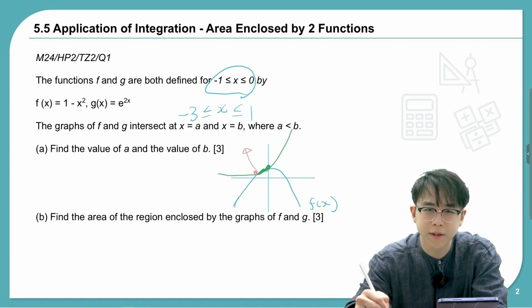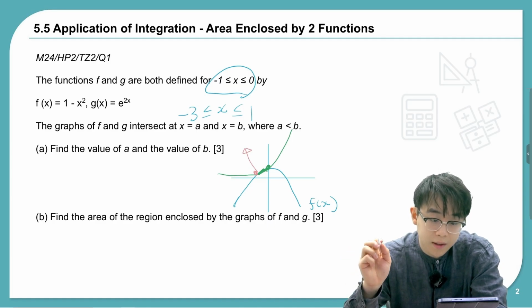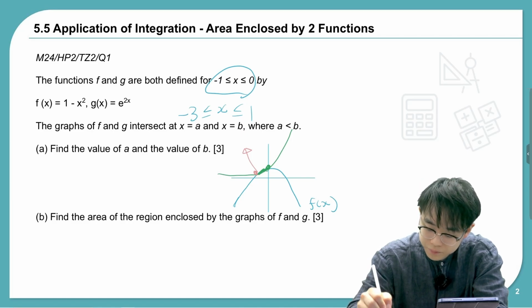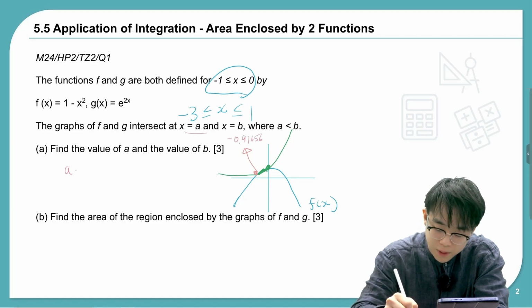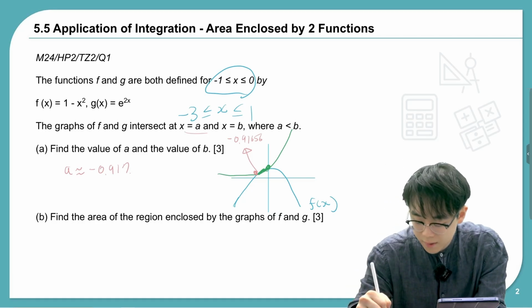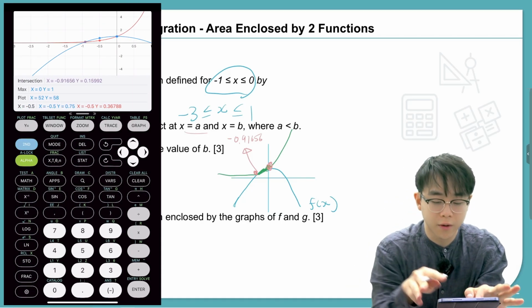So that would give us -0.91656. So a would be roughly -0.917.